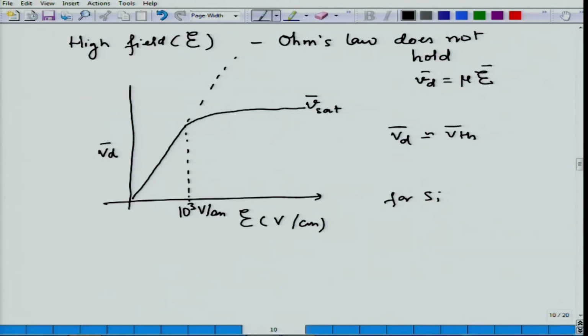This comes at a velocity of roughly 10 to the power 7 centimeter per second. So, all the discussion we have had so far on drift of electrons due to the electric field is good in this regime of linear Ohm's law. For V saturation, we must use a different expression for the response of the electron to the electric field.